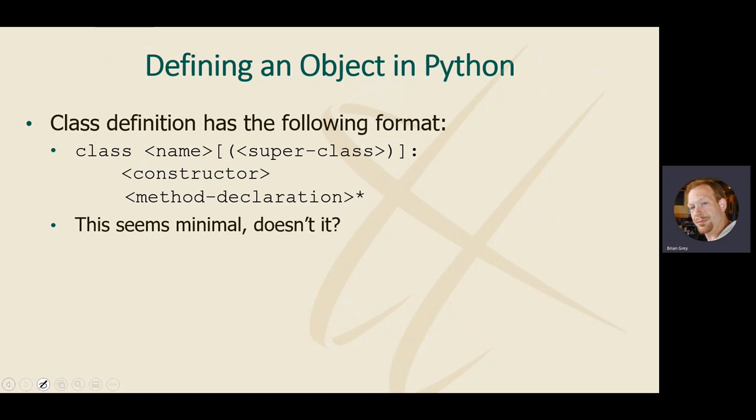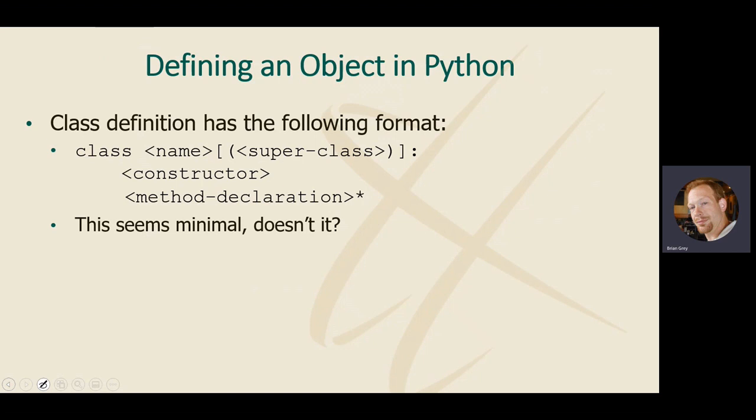And so this seems, three lines doesn't seem like much. Well, remember, constructor is going to expand out. Method declarations are going to expand out, and it's not just going to be one, it's going to be many. So you'll see how this works while still being fully accurate.